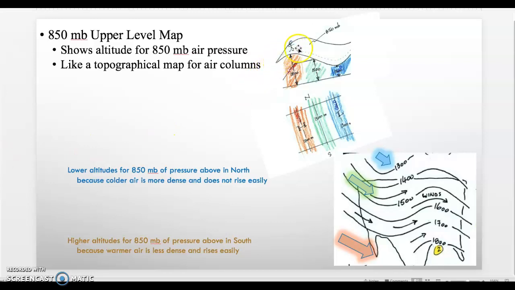We can go from a visualization of altitude to a one-dimensional method of showing altitude in an upper level map, but we make it a little bit easier for you to understand by laying it over a map of the US or of the world.